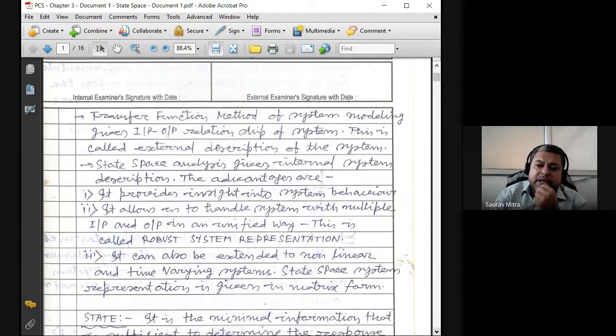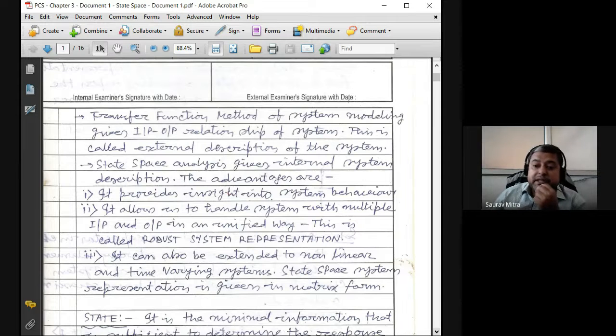Whenever we did the first chapter, transfer function based modeling, we saw their characteristics, the advantages and the disadvantages of transfer function based modeling. There we discussed that transfer function based modeling is applicable only for linear time invariant systems, that is LTI systems. But if the system is non-linear or time variant, you cannot apply transfer function based system modeling.